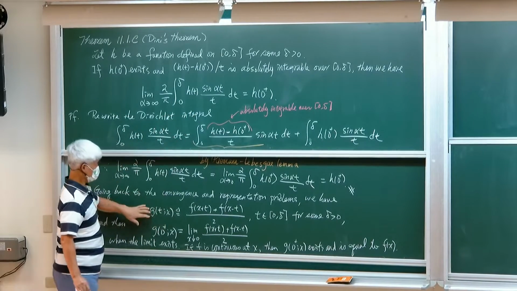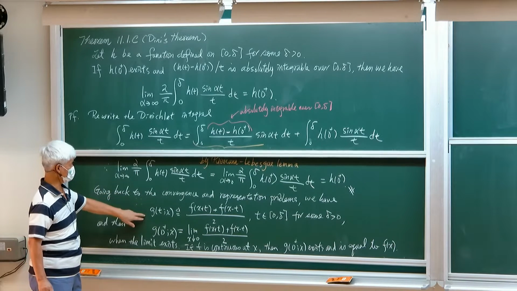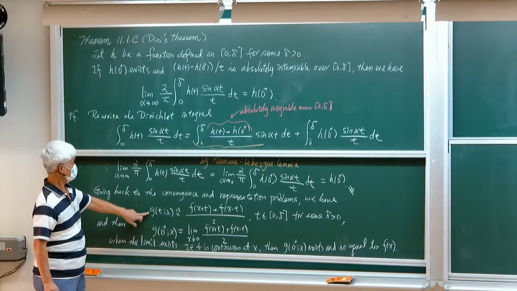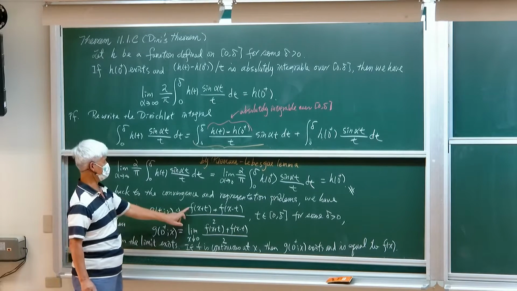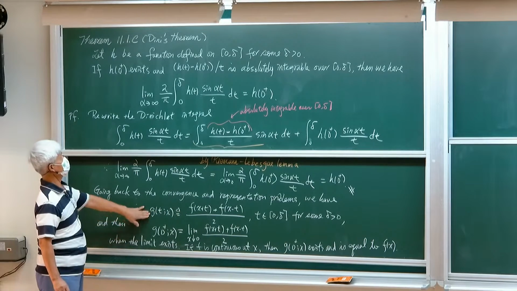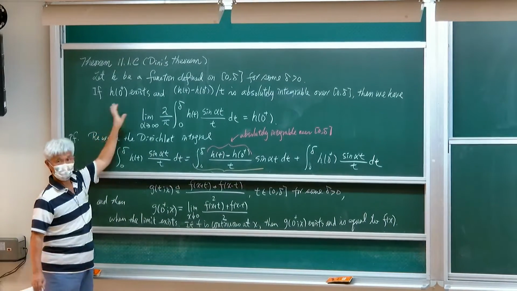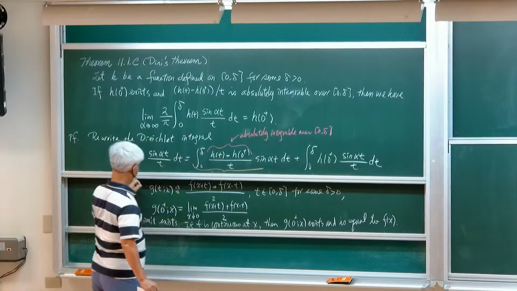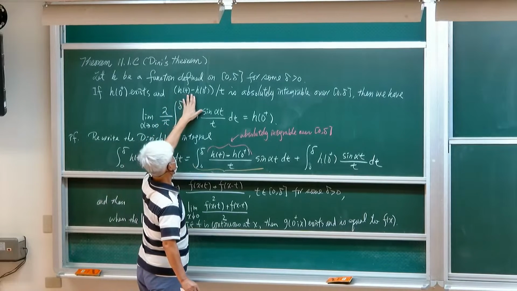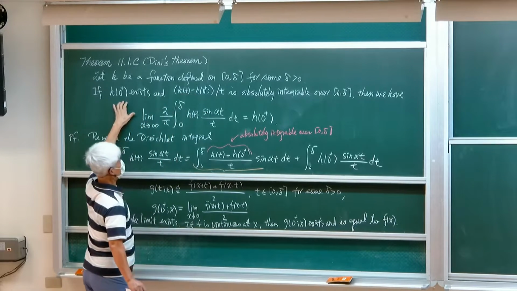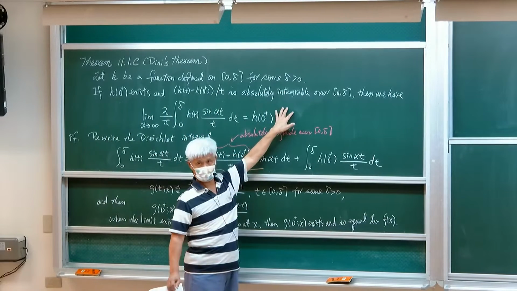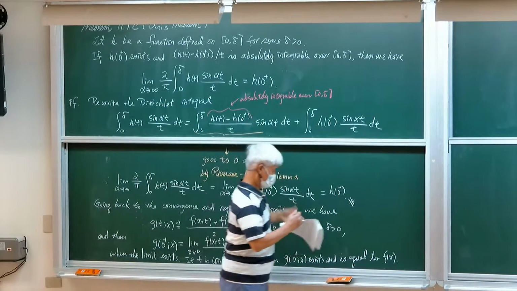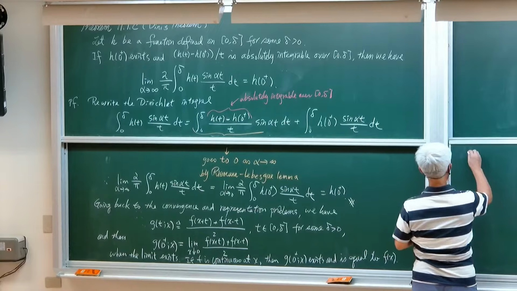We want to know conditions on f such that this g function has a right limit at 0, and this g function minus the right limit at 0, divided by t, is absolutely integrable. So we make a remark.